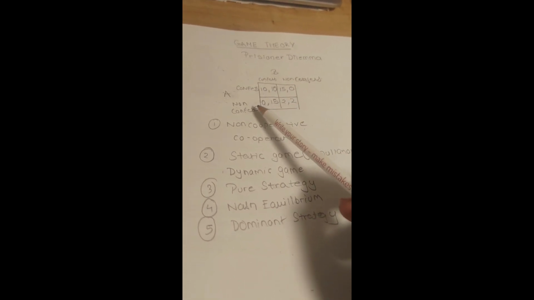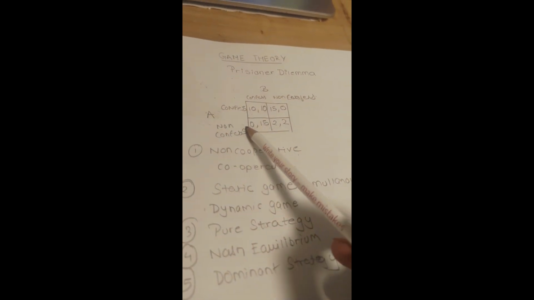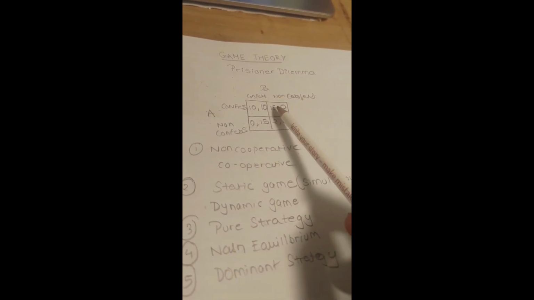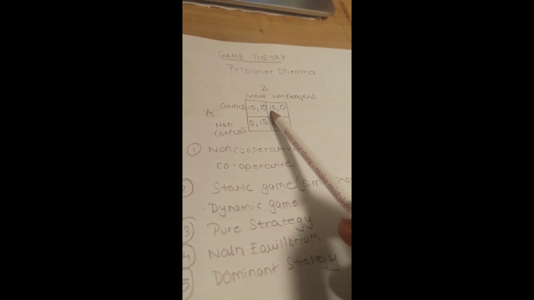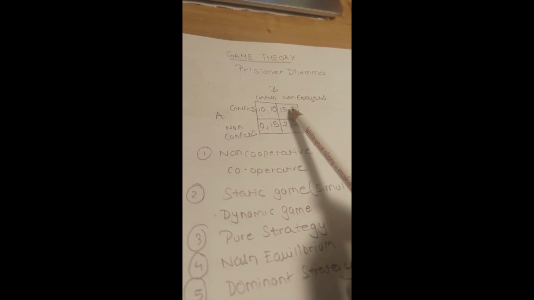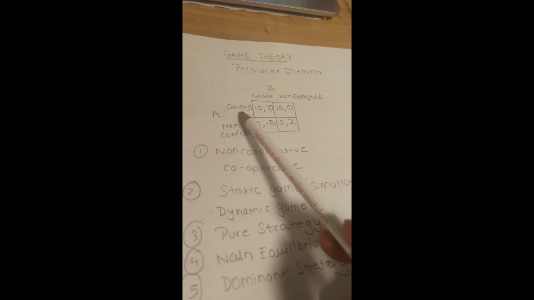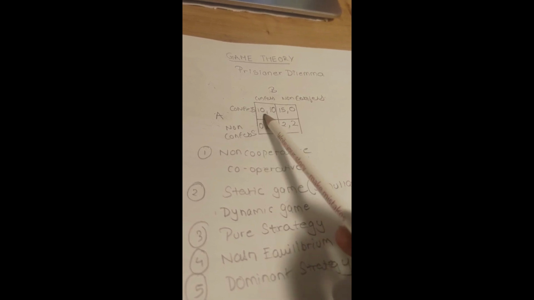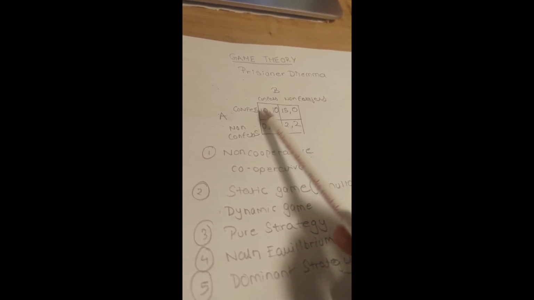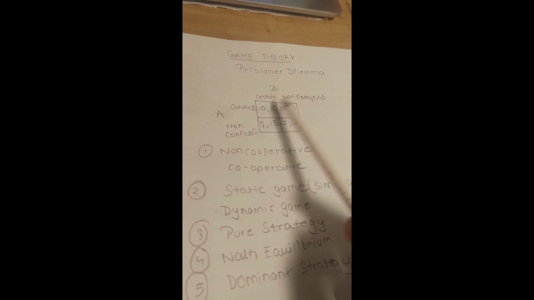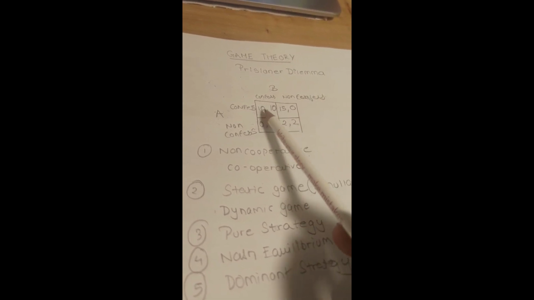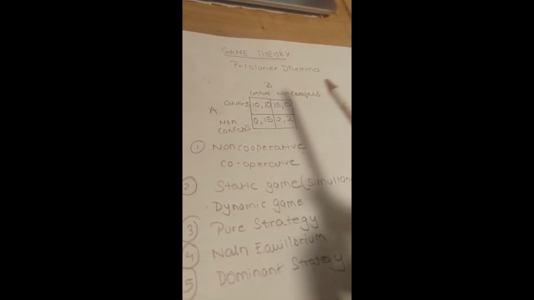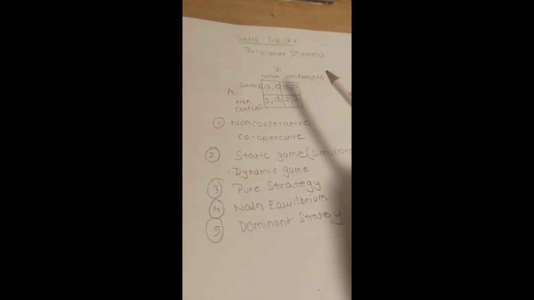In this case, this is not an example of dominant strategy, because it's 0 and 15. This is also not an example of a dominant strategy, which is 15 and 0. But if you talk about 10 and 10, this is a good example of dominant strategy, because both the parties are getting the best outcome in this case. All right, so this is an example of dominant strategy.